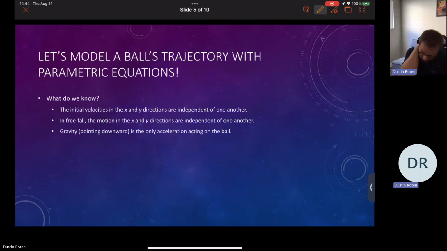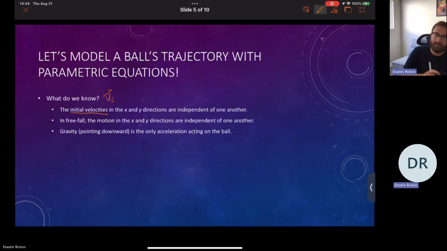So let's think about what we know. The initial velocities in the x and y directions are independent of one another. I'm going to say that a lot this lecture, so it'll sink in. Okay, so the initial velocities, those are independent of one another.